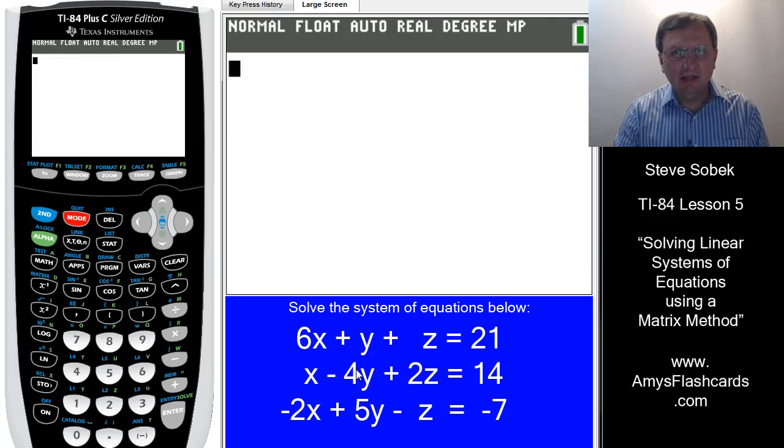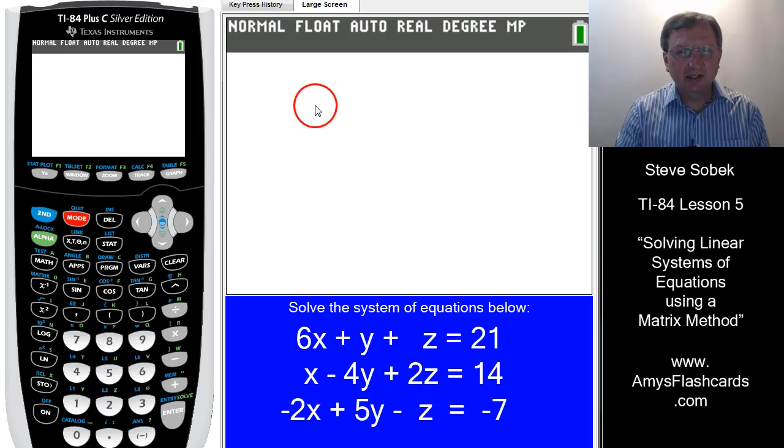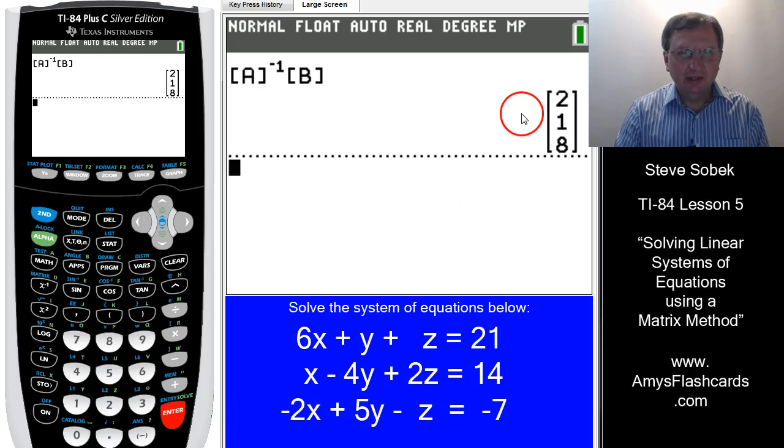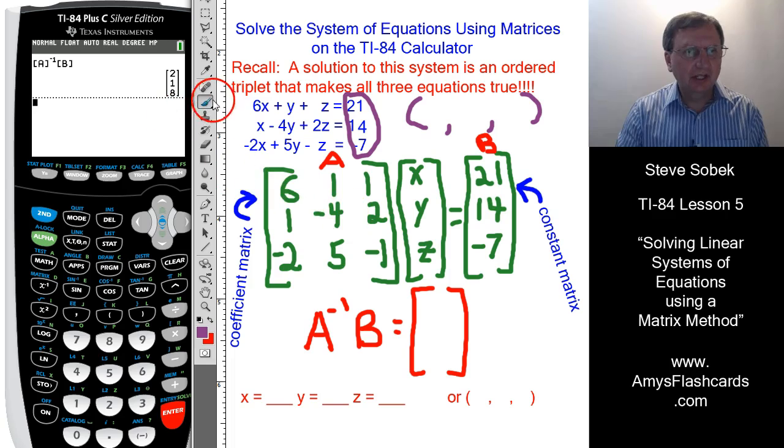And now we want to type A inverse times B. Actually, the last operation I did on this calculator was A inverse times B. So I could just hit second enter to bring back the last expression that was evaluated. And when I hit enter this time, it will evaluate using the new values for matrix A and matrix B. So let's go ahead and hit enter. And the solution we get is 2, 1, 8.